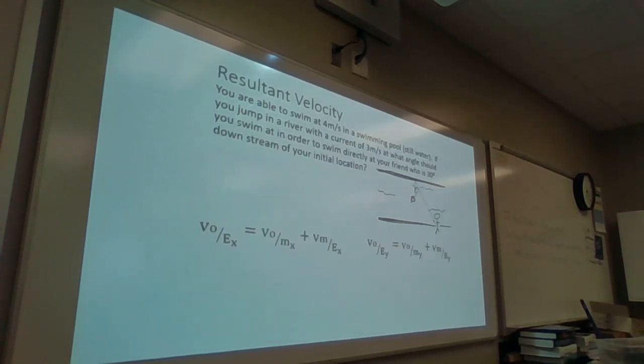Okay, here we go. C. All right. So let's say that you want to go at 30 degrees downstream from the location. You could pull this off with this equation.